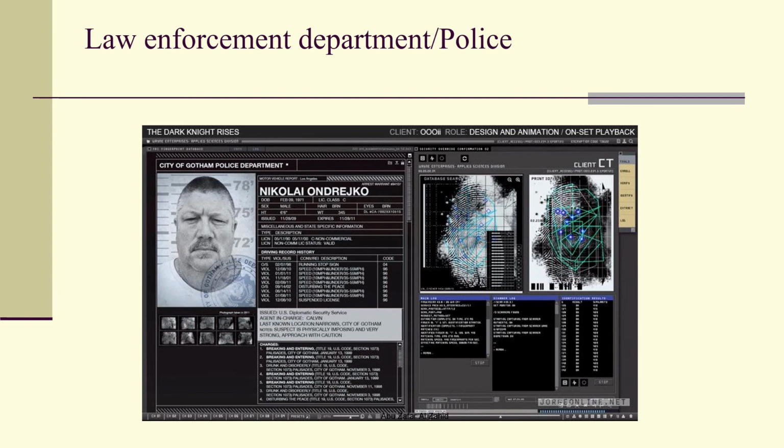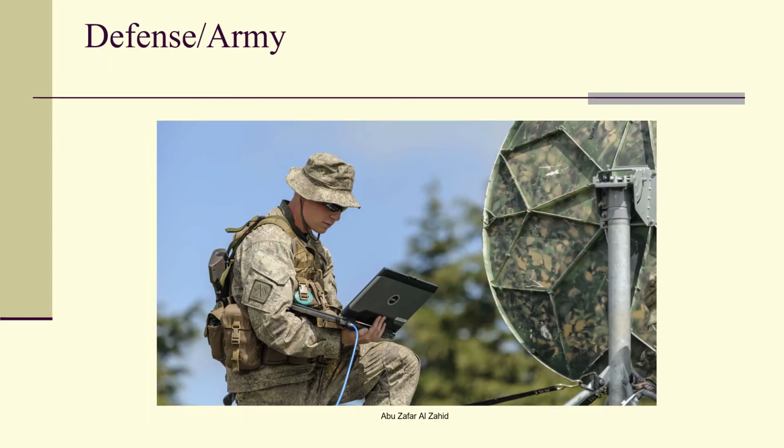Law enforcement department or police nowadays use ICT in order to enforce law or get the location of the criminal or to solve new cases. Defense like Army, Navy or Air Force use ICT devices to protect our country from external threats. Air Force uses various ICT technologies or devices like radars to protect the air area of our country.